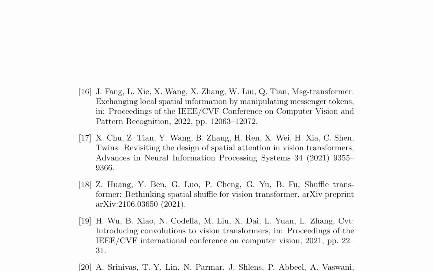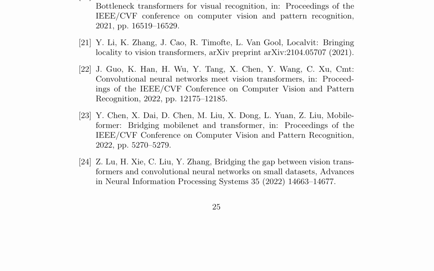Various architectural innovations have been proposed, including the MSG transformer, which leverages messenger tokens to enhance spatial attention, and the Twins architecture, which introduces an adaptive spatial attention mechanism. The Shuffle transformer rethinks spatial shuffle operations, while the CVT model incorporates convolutions into vision transformers. Bottleneck transformers offer an efficient alternative to traditional transformer architectures.